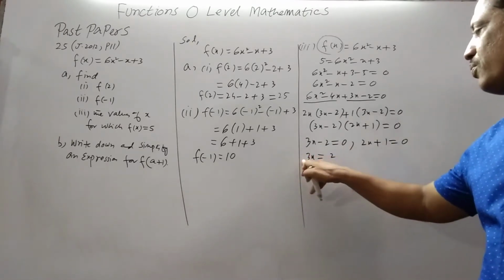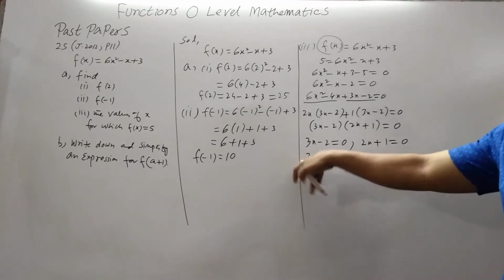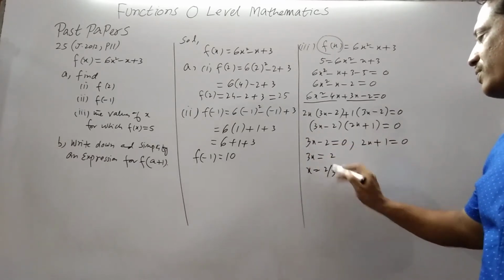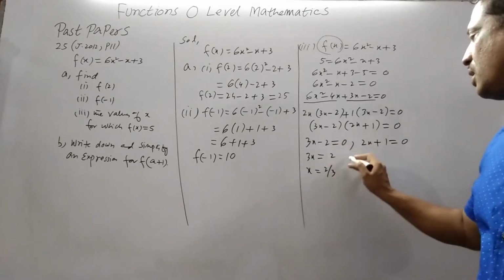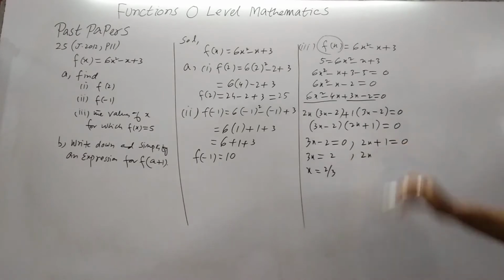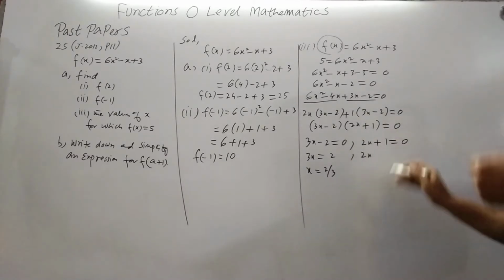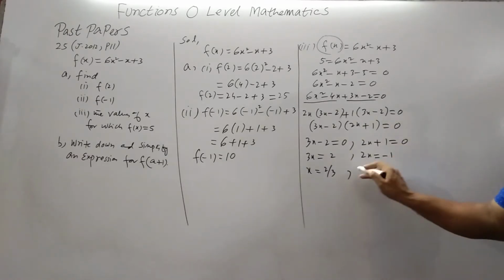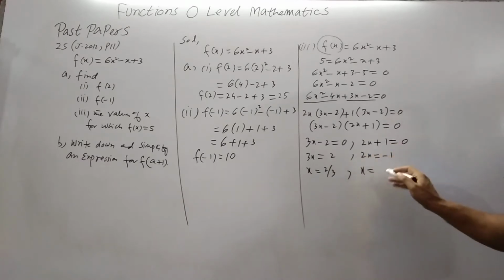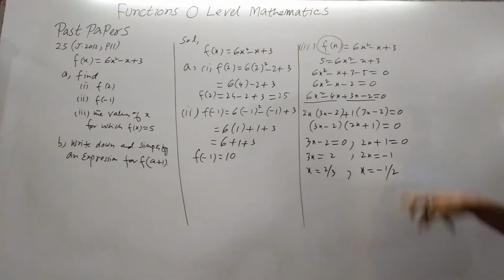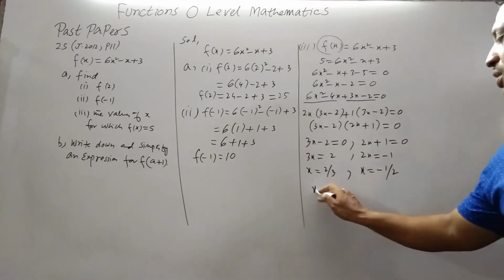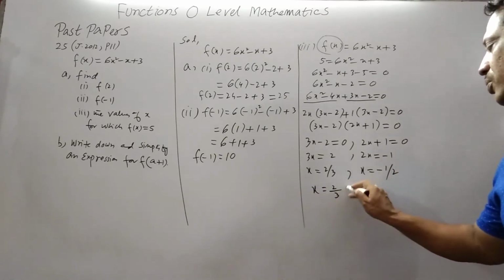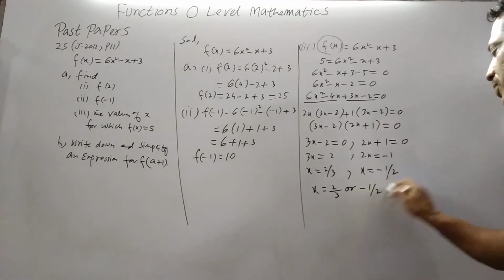For x, this 3 is multiplied, so it should divide. So x is equal to 2 over 3. Now take 2x, move 1 to the other side, so it becomes minus 1. This 2 is multiplied, so it divides on the other side. So x is equal to minus 1 upon 2. Therefore x is equal to 2 upon 3 or minus 1 upon 2.